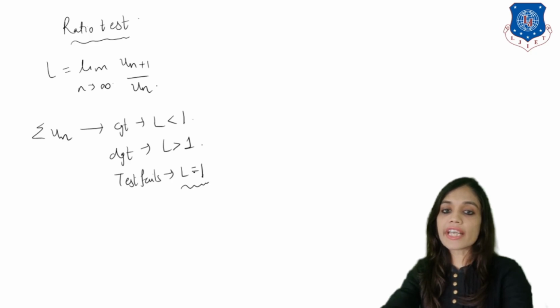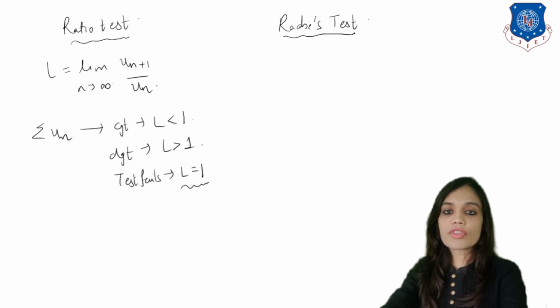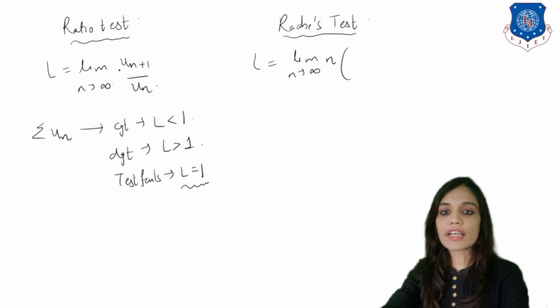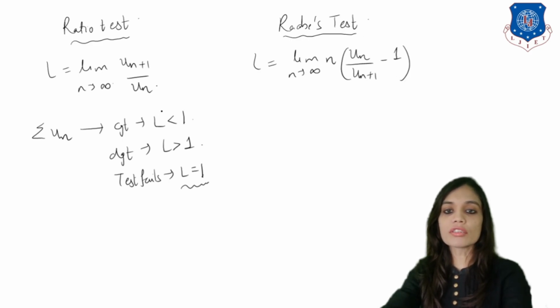Now whenever the test fails, right, we have to apply which test? Raabe's test. Okay. So in this we have to find L equal to limit n tends to infinity n times, taking the reciprocal of this, un upon un plus 1 minus 1. Since we have taken the reciprocal, this will change, right?